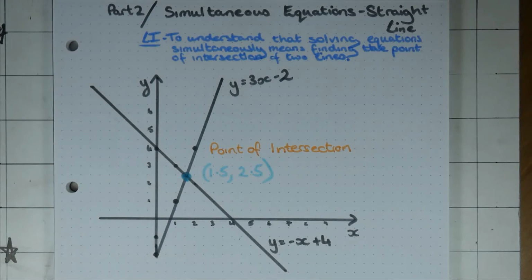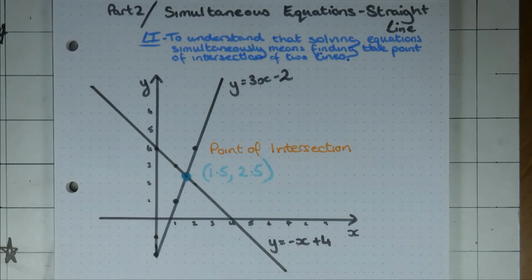Now I said before, solving simultaneous equations means that we're going to have to do some adding and subtracting, and we're going to manipulate the two equations at the same time in order to find x equals, and then we sub that in to find y equals. You can also do that the other way around. So you could find y first and then sub in for x.